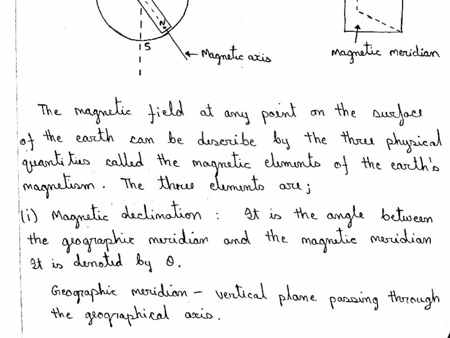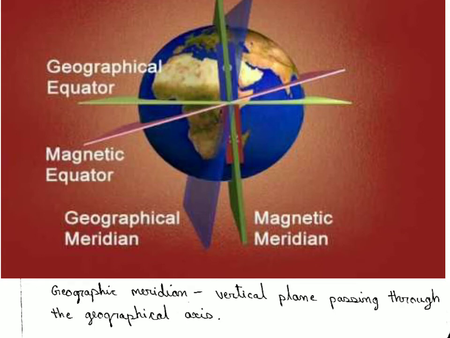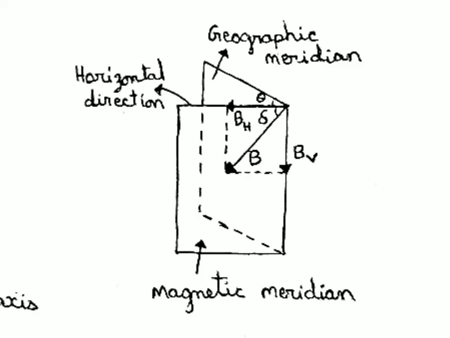The geographic meridian is a vertical plane which passes through the geographical axis, and the magnetic meridian is again a vertical plane which passes through the magnetic axis. Hence, the angle between the geographic meridian and the magnetic meridian is called the magnetic declination and denoted by theta. And in the diagram, we see the magnetic meridian and the geographic meridian, and the angle between them is theta.